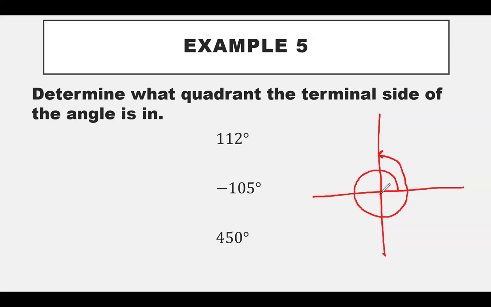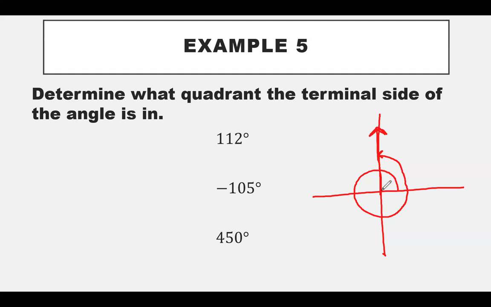So the 450 degree angle has the same terminal side as our 90 degree angle. By the way, that terminal side is not in any quadrant because it lies on the y-axis.